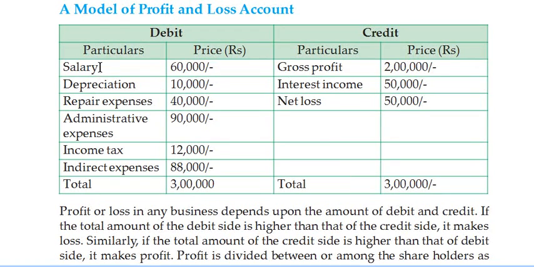So you can see salary is also an expenditure. Depreciation means the value of the product decreases. Suppose machinery items and furniture items, their value decreases on the basis of time. Suppose you are buying a furniture item like a sofa for rupees 60,000.